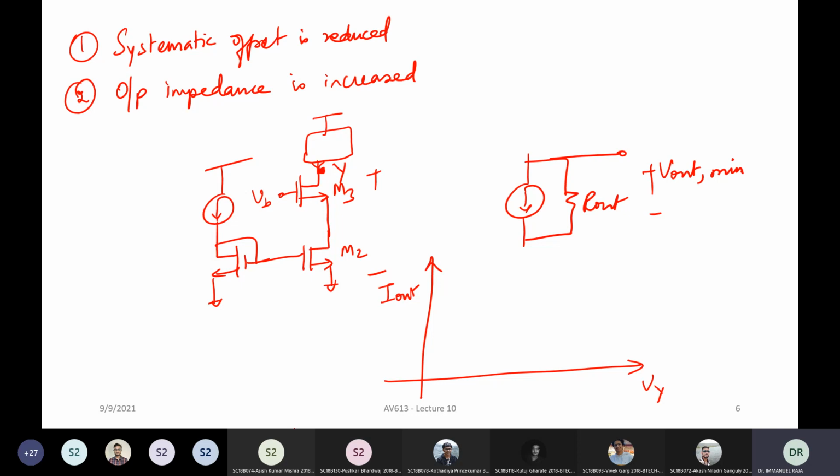It is literally not a current source till both these things come into saturation, or at least the bottom one comes into saturation, right? Initially, you have the triode region behavior. Okay. So first M2 comes into saturation, and then you have kind of a bending here. Okay, it saturates, and this is where M2 saturates, and then your M3 saturates.